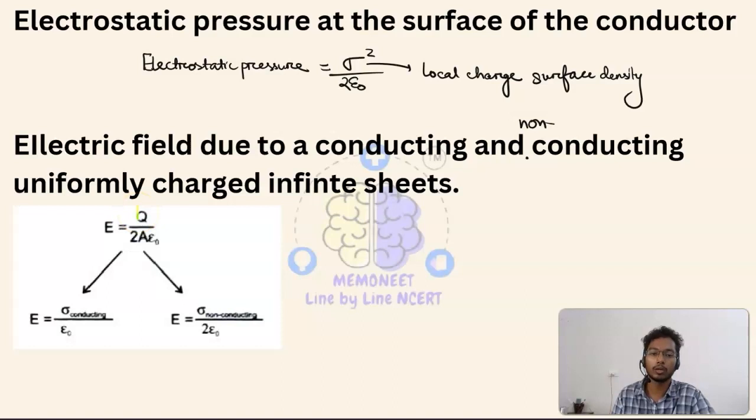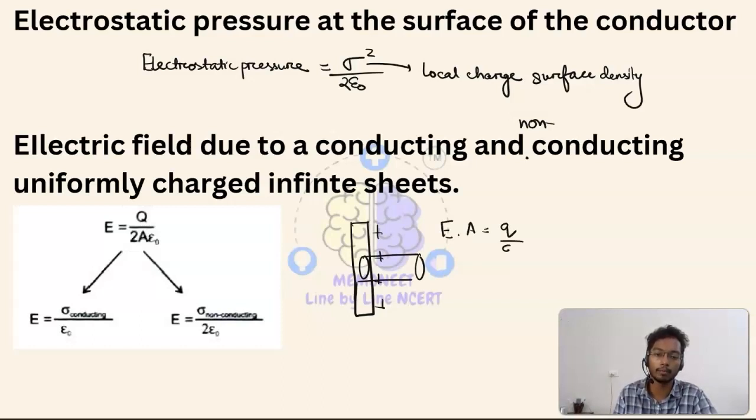Electric field due to the conducting and non-conducting uniformly charged infinite sheet. Let's say we have one conducting sheet here, okay. The charge will remain on the outer surface. So let's draw the Gaussian surface here, okay. So we have E dot A is equal to Q upon epsilon naught.